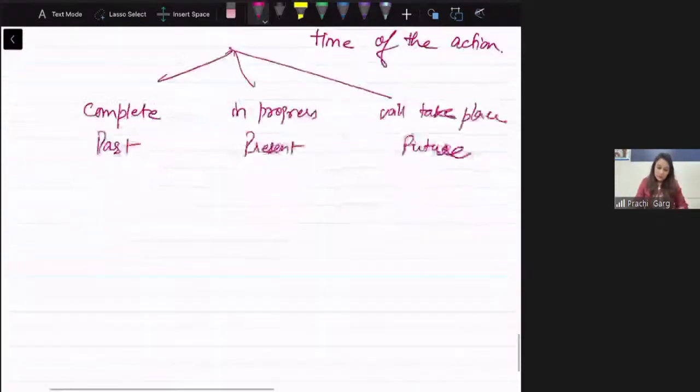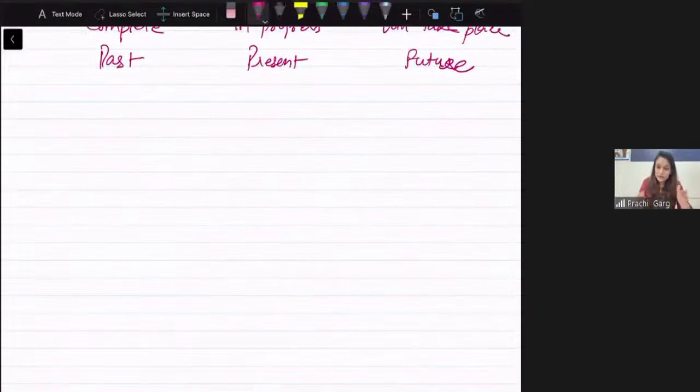So, yes, coming back to tenses. Now, let's take the basic understanding of these three kinds of tenses.